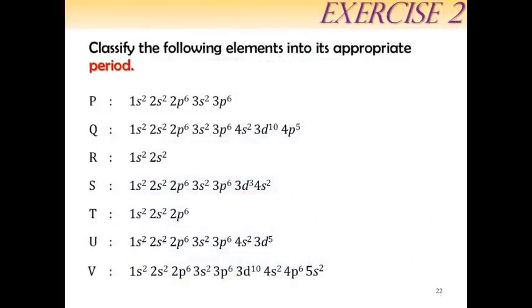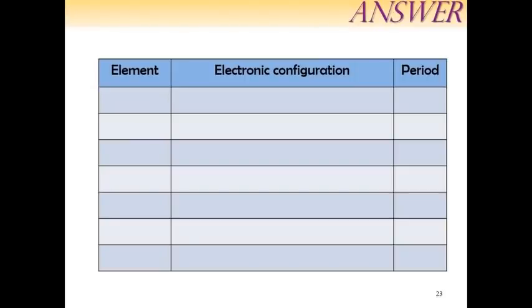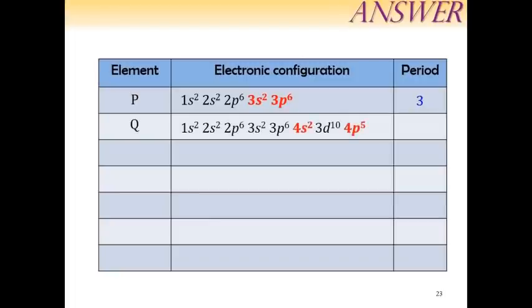Exercise 2, you can try to answer all the questions in exercise 2. The answer for exercise 2: element P, electronic configuration 1s2, 2s2, 2p6, 3s2, 3p6, and period 3. Q, the highest value of n is 4 (4s2, 4p5), so it is from period 4.